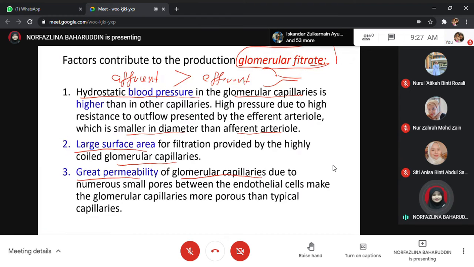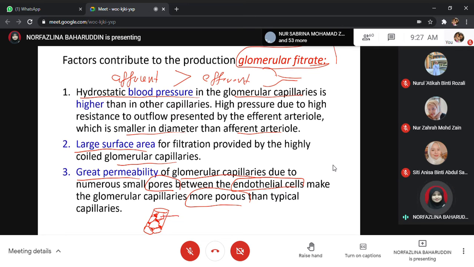Great permeability means it has pores, due to numerous small pores between endothelial cells, which make the glomerulus more porous. If you draw your blood capillaries, the structure has gaps here. There is a gap, it's porous, there's a gap, here a gap, understand?